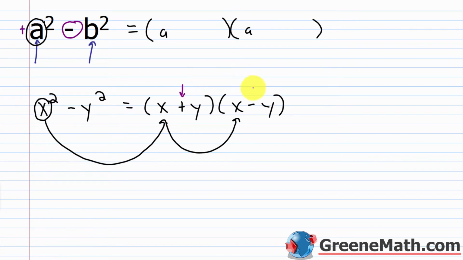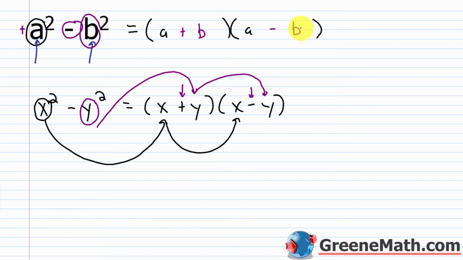You have different signs, plus and minus. So you'll have plus and minus. And then look at what's squared here. You have b. So that's going to go in your second position of each. So a squared minus b squared is going to factor into a plus b, that quantity, times a minus b.